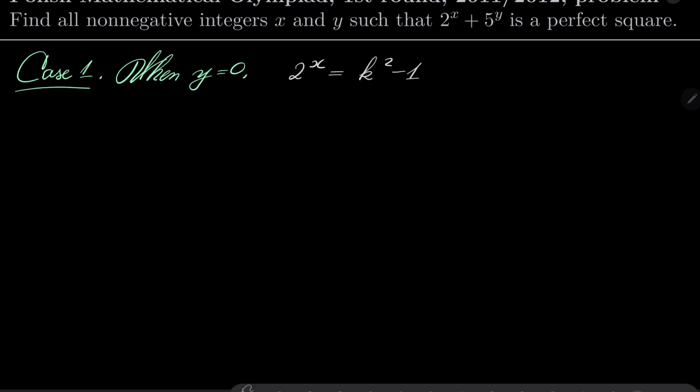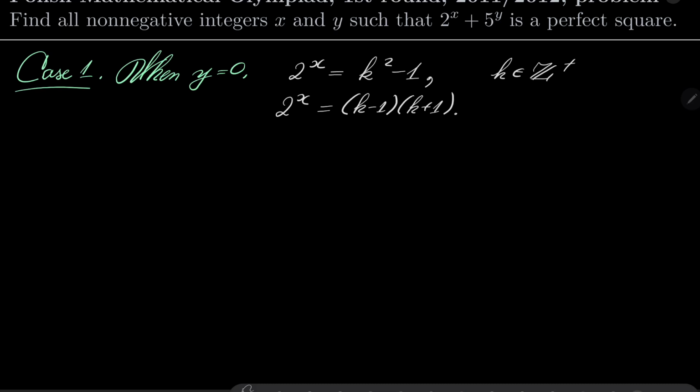I put 1 on the right hand side. So we have 2 to the power of x equals k minus 1 times k plus 1. And we can write that k is a positive integer.